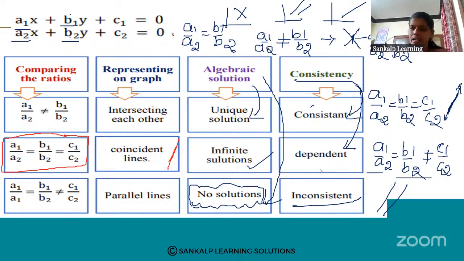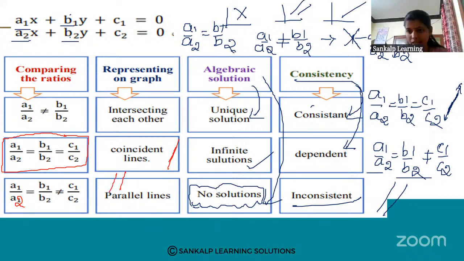Okay. For this, the graph is consistent and dependent: lines are dependent on each other. Now, if a1 divided by a2 is equal to b1 divided by b2 is not equal to c1 divided by c2, that means two ratios are equal, but they are not equal to c1 divided by c2. At that time you are getting parallel lines.